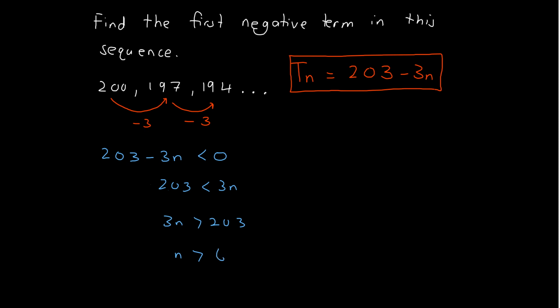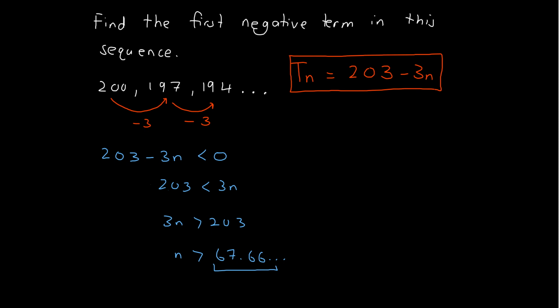It should be 67.66... So that means when n's exactly 67.666, this whole thing goes to 0, but n can't be 67.6666 because n has to be a whole number. So we know that 67 is not quite there yet, but 68 should be the first negative term.